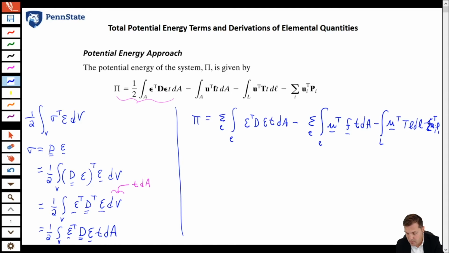Ran out of space there at the end, but hopefully you can see that. So this is the element strain energy.